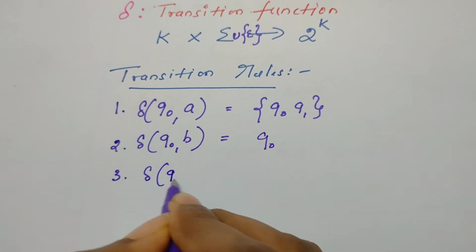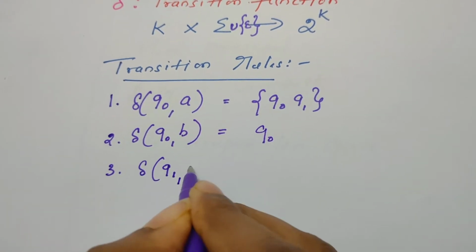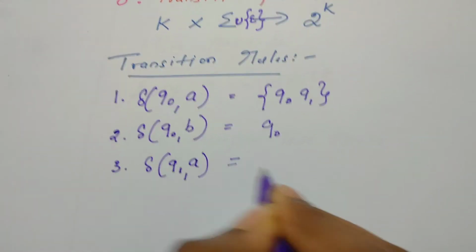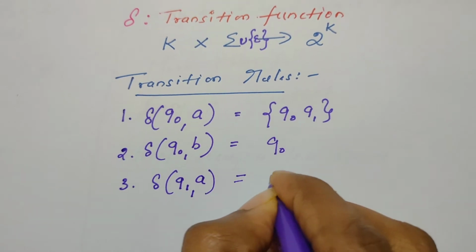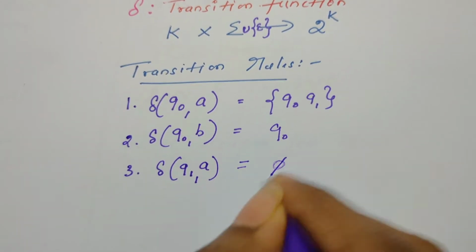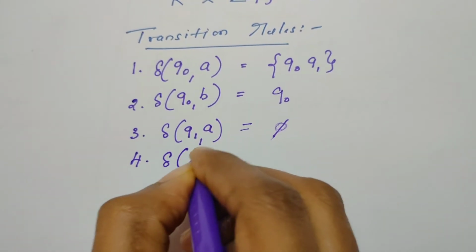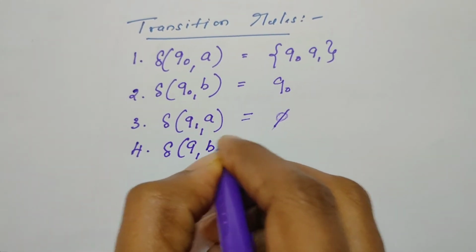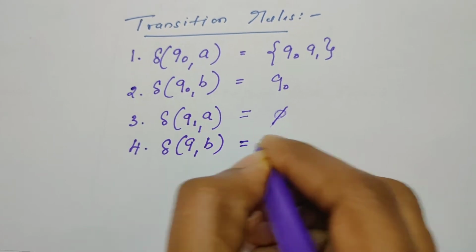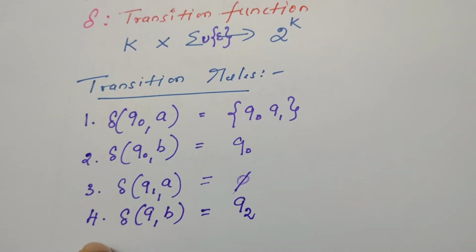From the state Q1, there is no transition on A, which can be given by phi. From the state Q1 on reading B, it goes to the state Q2.